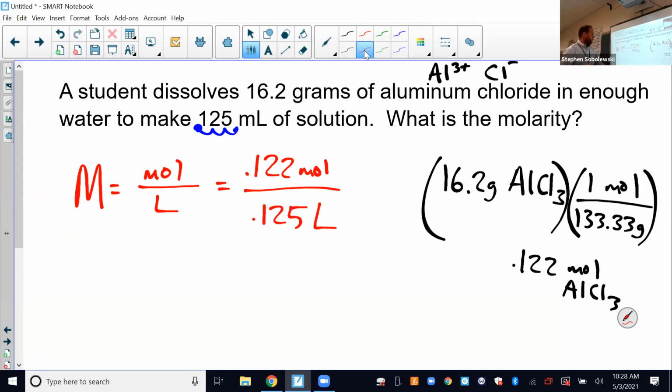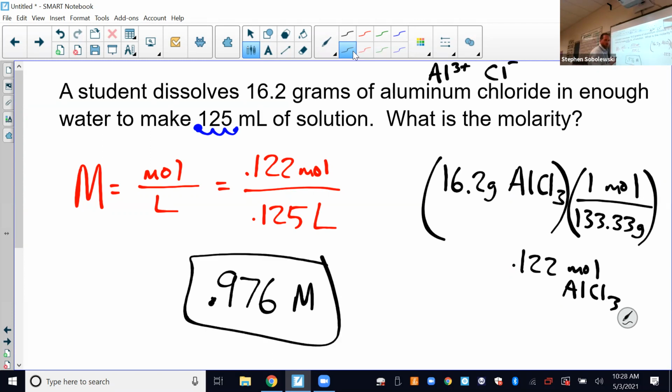So it actually looks like it's going to be almost exactly 1 molar, will be a little bit less. So 0.122 divided by 0.125 with 3 sig figs, 0.976 molar. Or you could write that as 0.976 moles per liter.